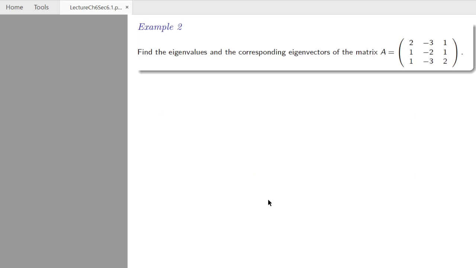Example 2. Let's consider matrix A. Now this matrix A is a 3 by 3 matrix. We want to find its eigenvalues and corresponding eigenvectors.